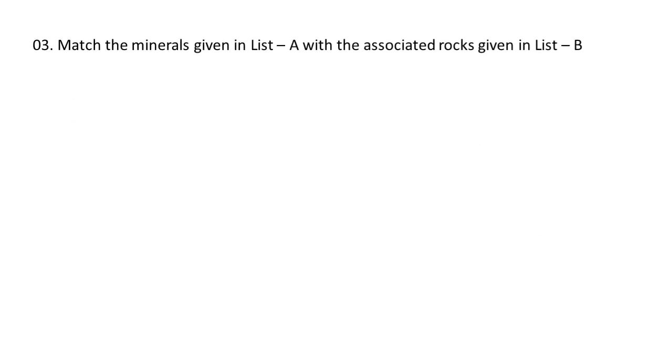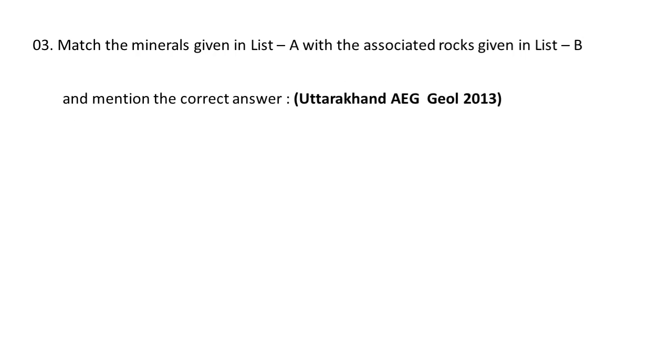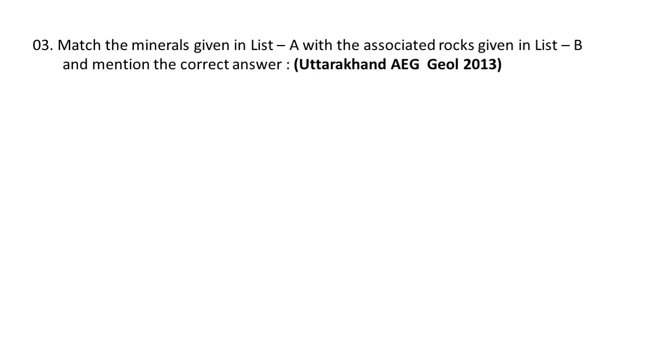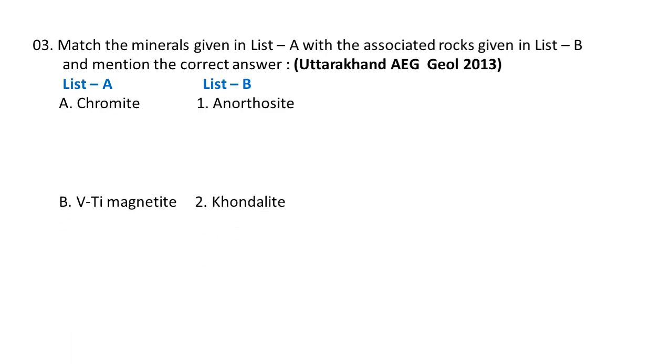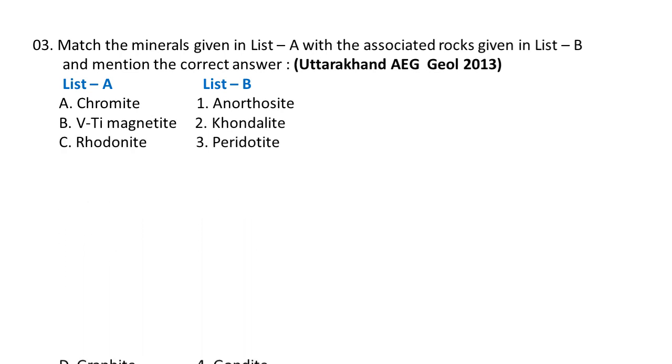Next question. Match the minerals given in list A with associated rocks given in list B. So that means minerals are given in list A and associated rocks are given in list B. In list A, chromite, vanadium titanium magnetite, rhodonite and graphite minerals are given, and in list B, the associated rocks anorthosite, khondalite, peridotite and gondite are given.